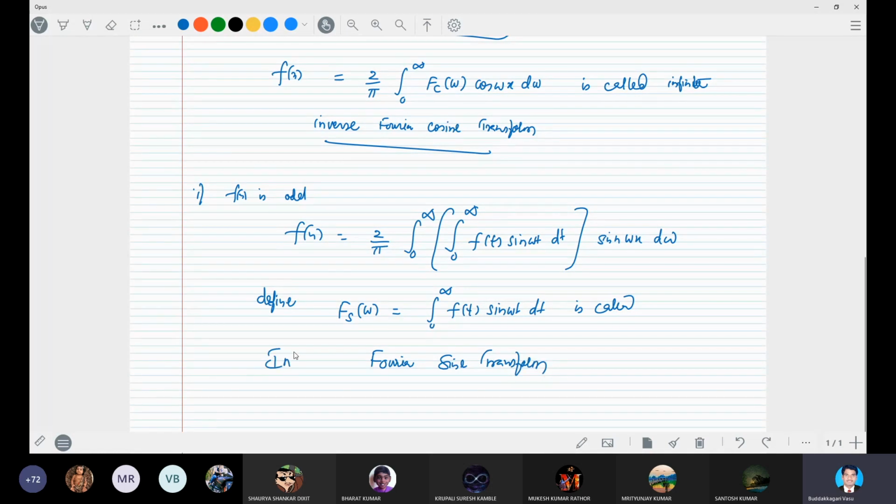This is infinite, you can add it: the infinite Fourier sine transform.